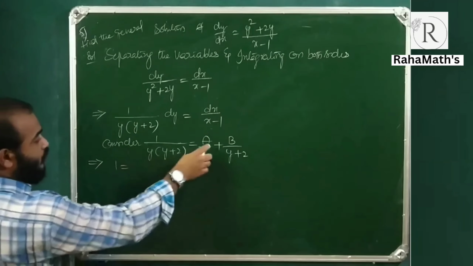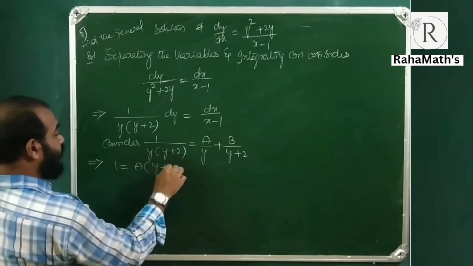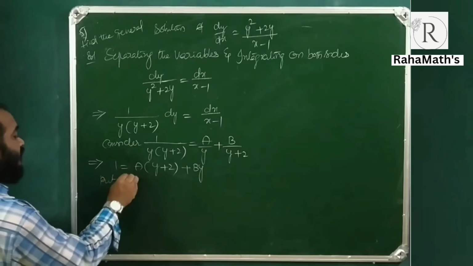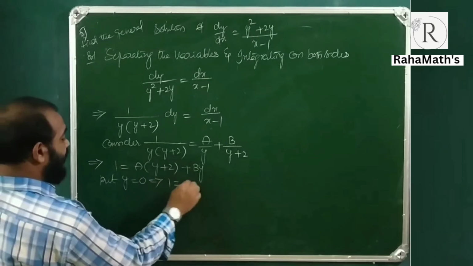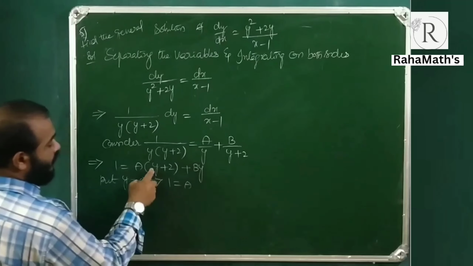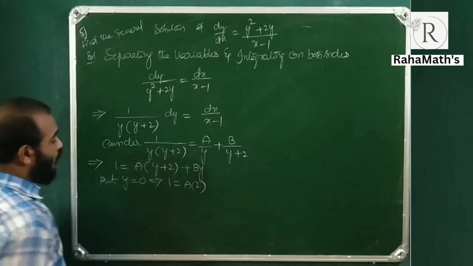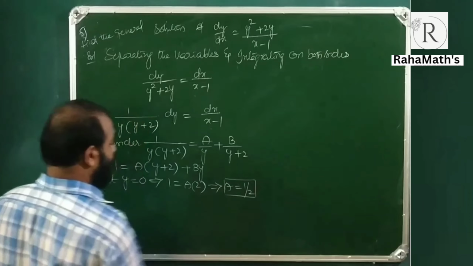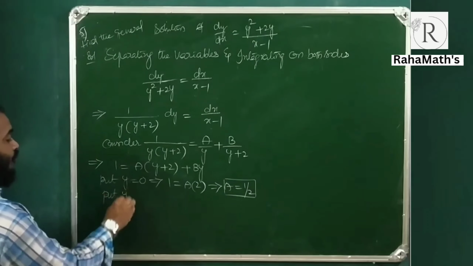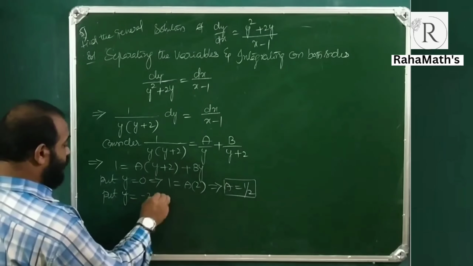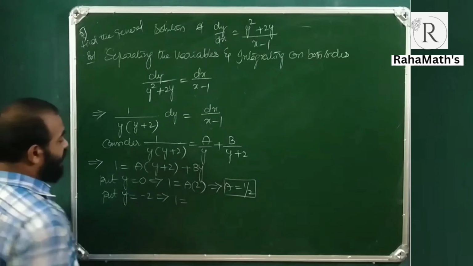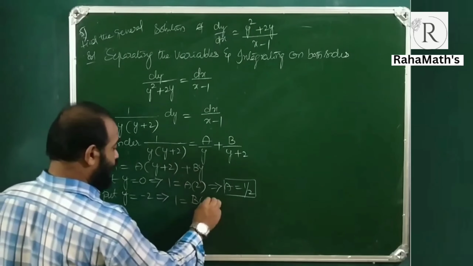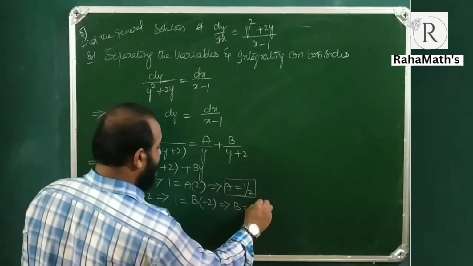So 1 is equal to a into (y + 2) plus b into y. Put y equal to 0. Then 1 is equal to a into 2, so a is equal to 1 by 2. Likewise, put y equal to −2. Then 1 is equal to, −2 + 2 is 0, b into −2, so b is equal to −1 by 2.